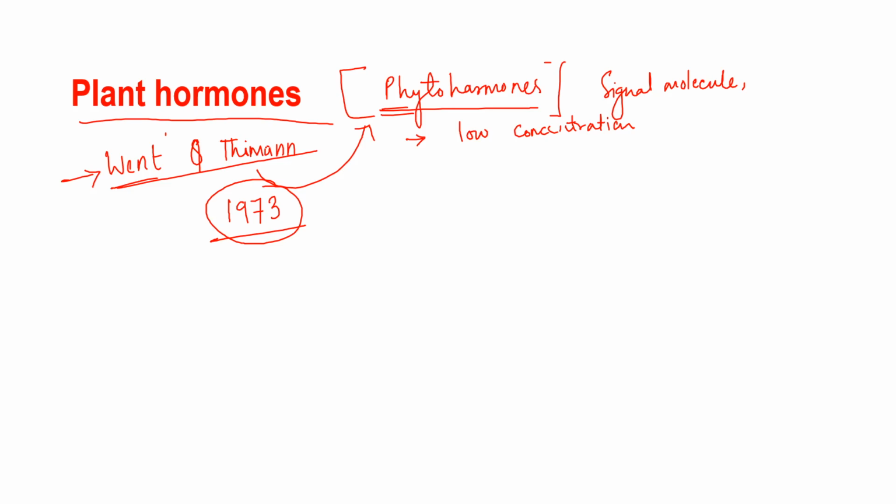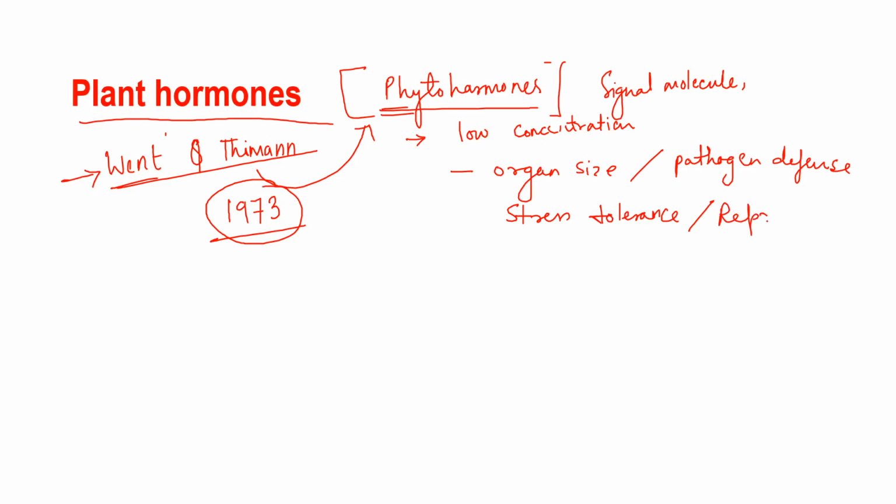Clear? So as I have explained, they are signal molecules, and they are produced within plants. They occur in extremely low concentration, and they control all kinds of plant growth as well as development and embryogenesis. They also regulate organ size as well as pathogen defense, help in stress tolerance, and also in reproductive development.